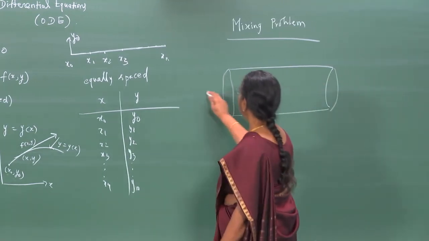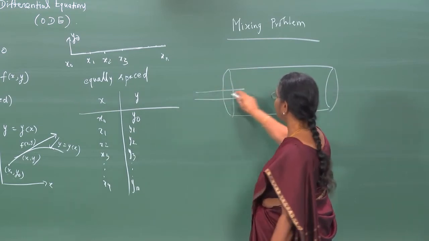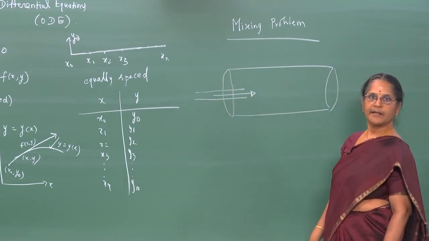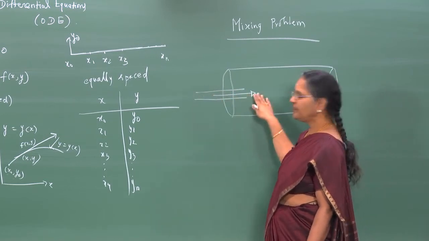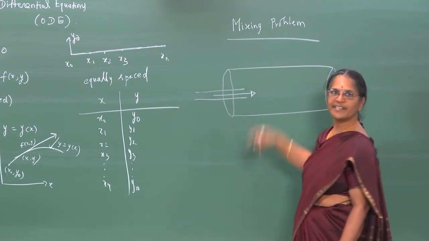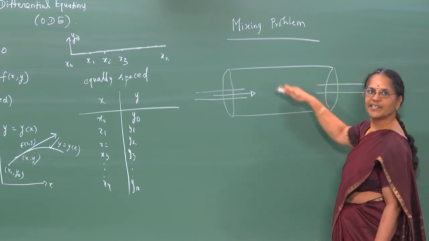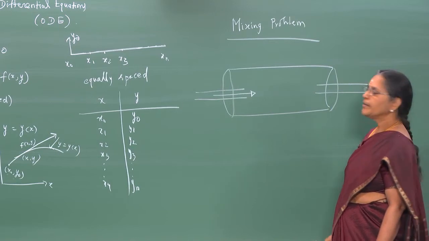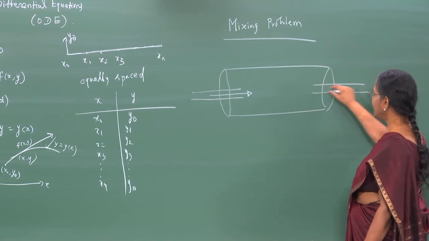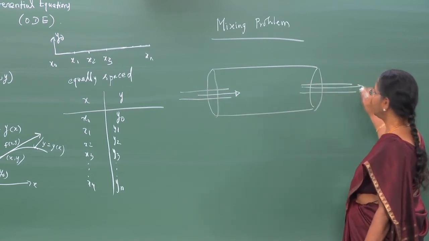Then I pump into this tank through a pipe another salt solution which has a different concentration, and at a certain rate I pump this salt solution and then mix the salt solutions within the tank and then extract out the mixed salt solution when it is very well mixed, in such a way that I extract out the solution at the same rate at which I pump in the solution.